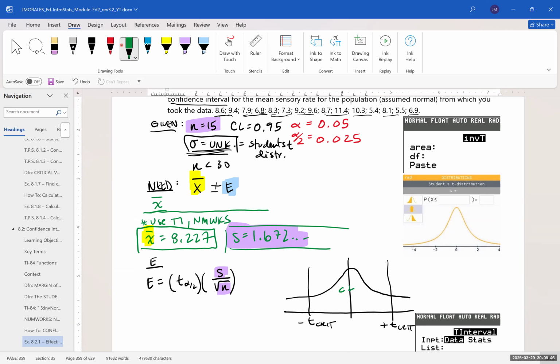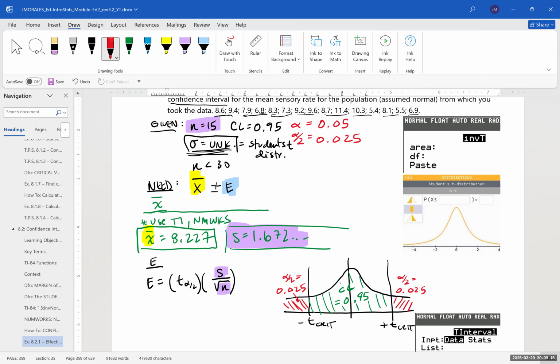The confidence level is equal to 0.95, and that's this area here between the two critical values. The area in the tails, that's alpha over 2, that's 0.025. That's this area. And this area out here is the other part of the significance level.